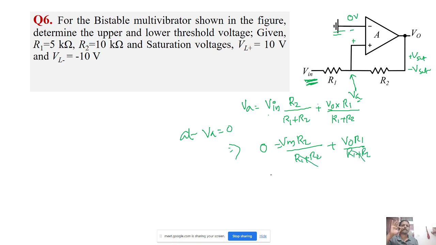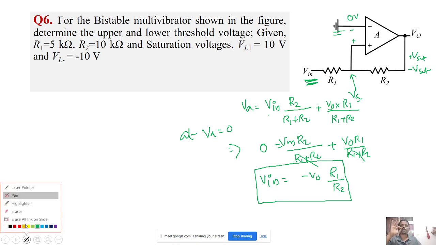So Vin will be equal to minus V0 into R1 by R2. This is the input voltage Vin at which VA will be equal to 0. So there are two conditions, right?